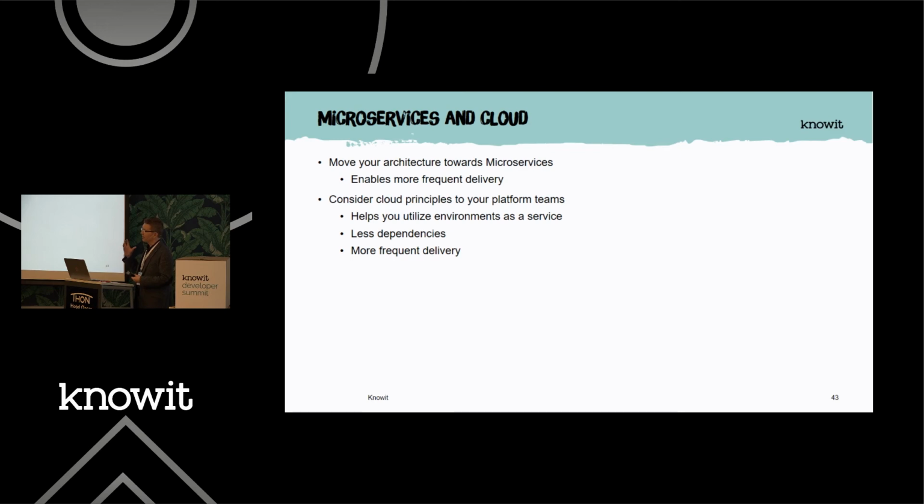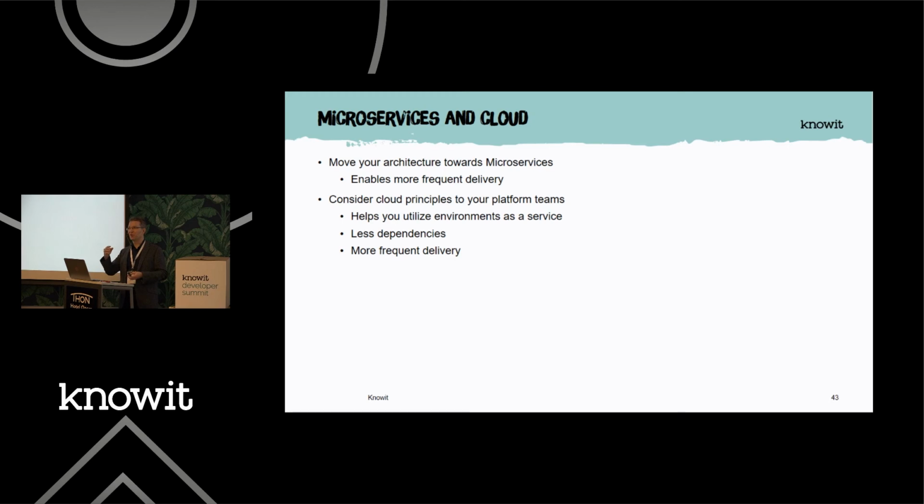Another thing is the cloud. Cloud is also quite important, or let's say cloud principles. If you think about how Amazon or other companies who sell a cloud actually work, they make that service available. If you want some more servers, you just click that script and you get one more server up and running.